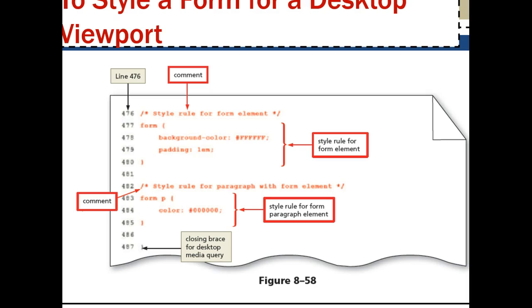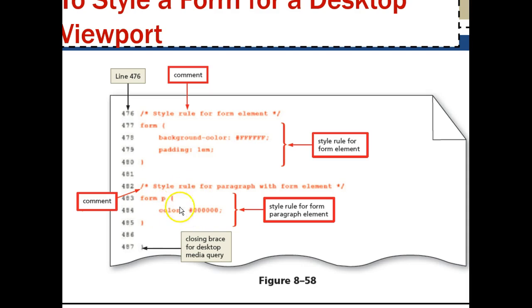In this example here, you can see that you are using some sort of style. The first one is your comment, and then you are putting the style rule for your form. You add a background color and padding to it, and then inside your form, in the paragraph, you might want to have a different color.